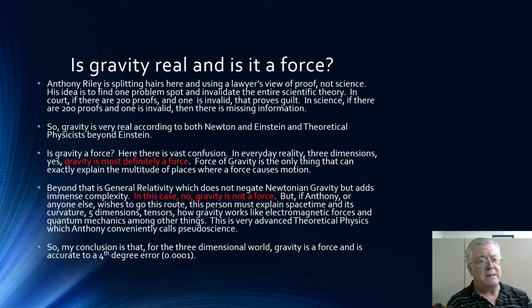His idea is to find one problem spot and invalidate an entire scientific theory or even the scientist. In court, if there are 200 proofs and one of those is invalid, it proves guilt. However, in science, if there are 200 proofs and one is invalid, then something went wrong. There's some missing information. You didn't do it right.